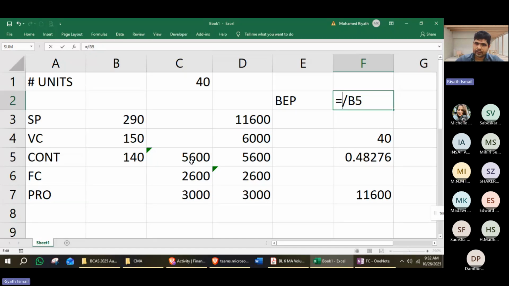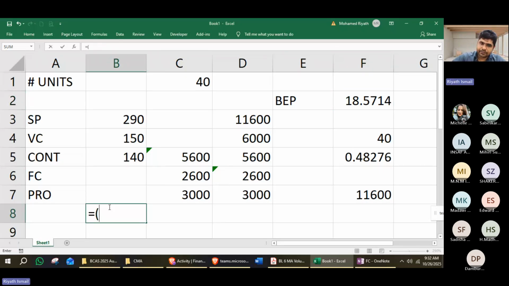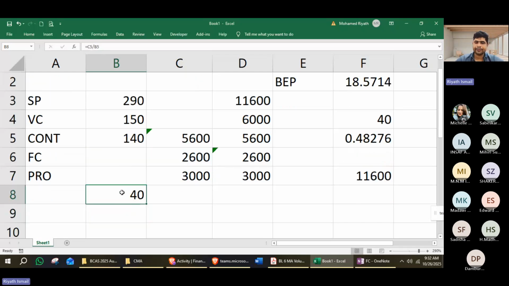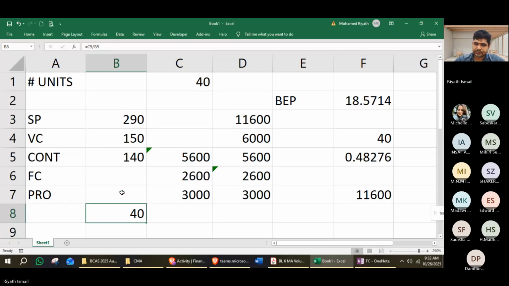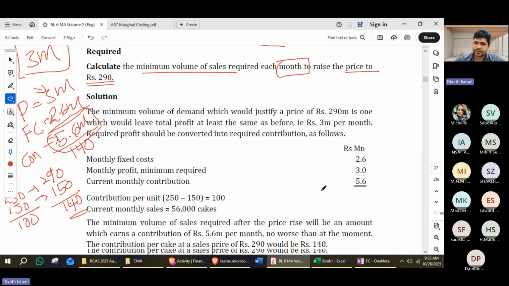Yes, we have to add them together. So they have to make a profit of this amount, divided by the contribution per unit of 140, and they have to make 40,000 units.